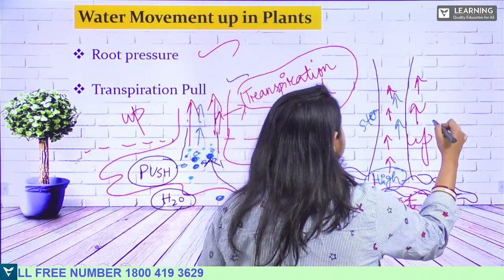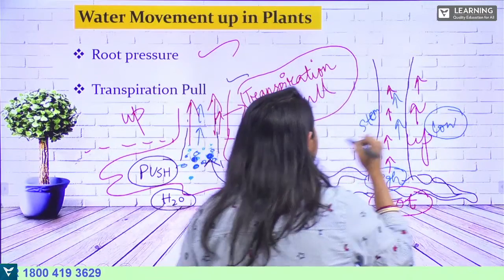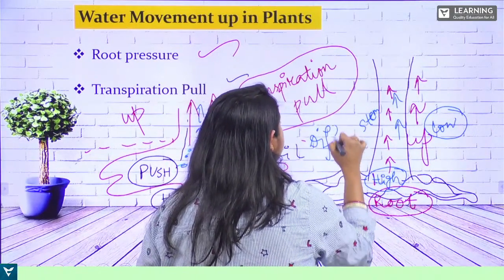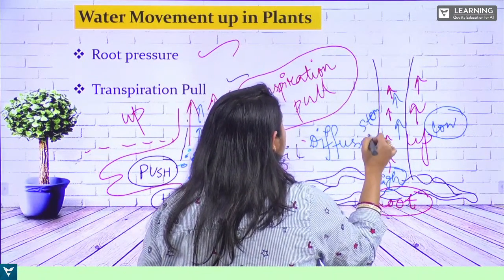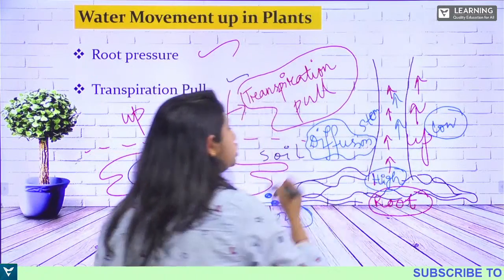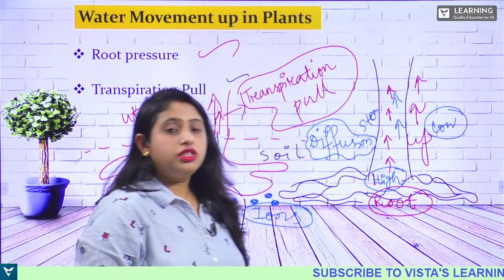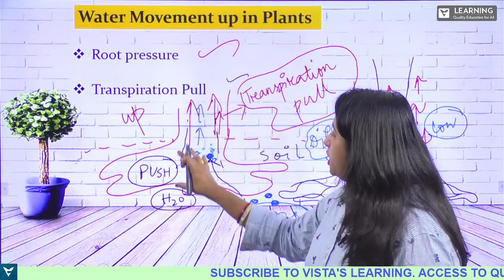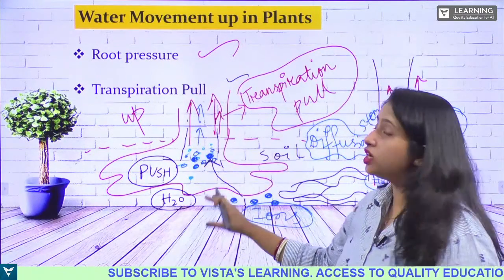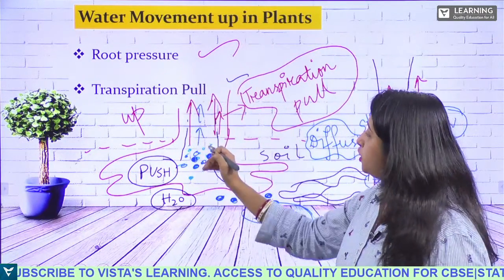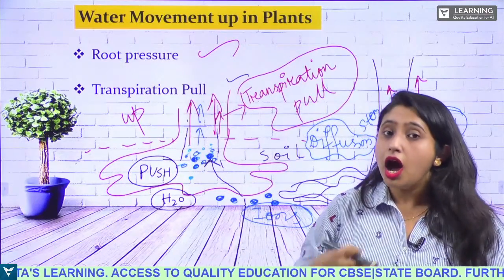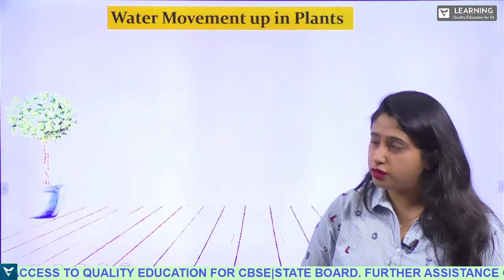Here the molecules are at lower concentration, so it is happening by the process of diffusion. Is that clear? So root pressure is important, and the transpiration pull, what I have explained here, is important for the movement of these molecules up into the various parts of the plants.